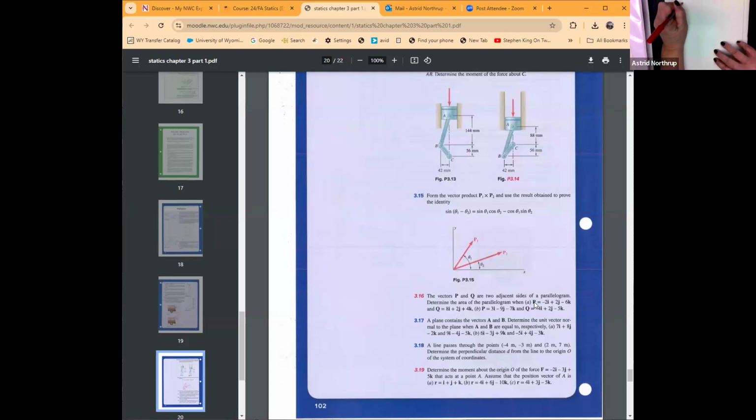Taken from problem 316, I'm going to write out vector P and vector Q and then show you how to multiply them together. So P is negative 2I plus 2J minus 6K, and Q is 8I plus 2J plus 4K.